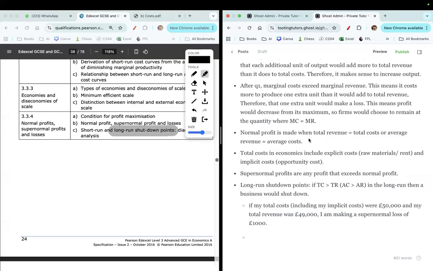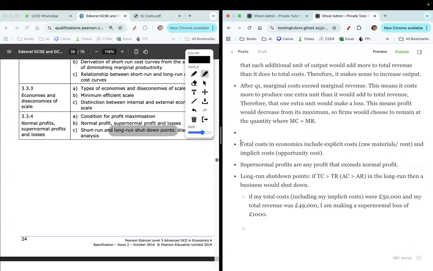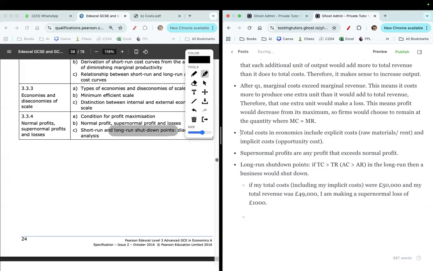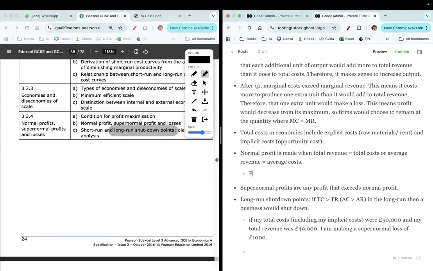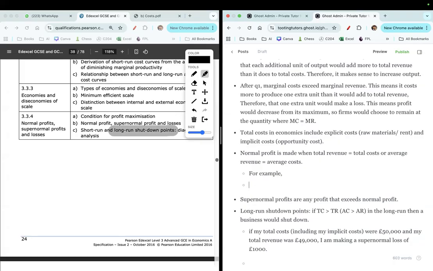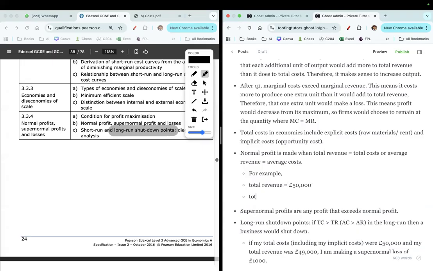Let me just change the order of this, and then I'll write an example here. So for example, total revenue equals £50,000. Total cost equals total explicit cost, like my rent.